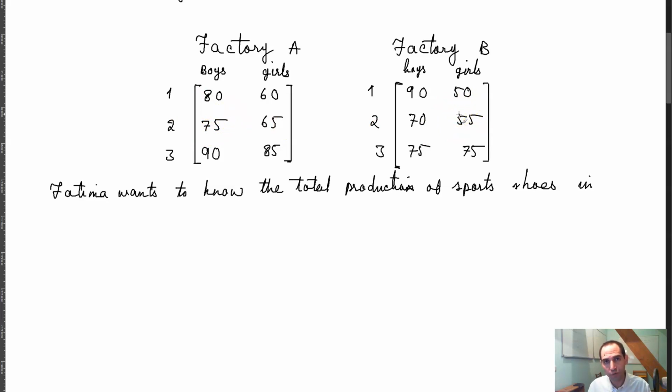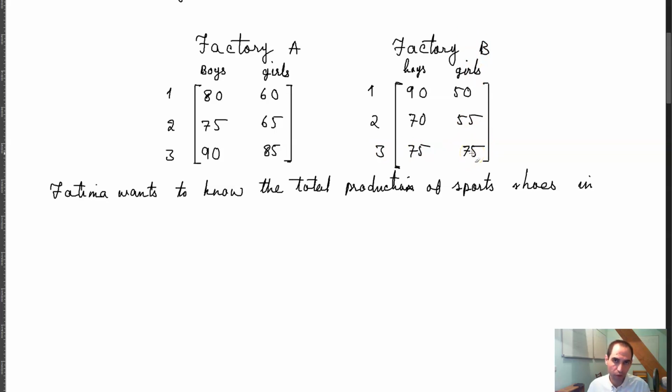Logically, I wouldn't want to do that, right? Or I wouldn't want to add 60 to 75 here, because this is in price category 1 at factory A, this is in price category 3 at factory B.